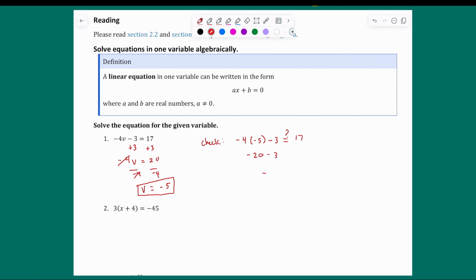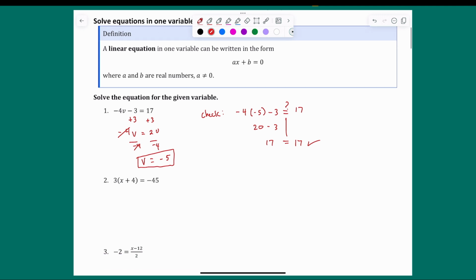But I need to correct a calculation error there. We get positive 20. 20 minus 3 gives us a positive 17. So we get 17 equals 17, which is a true statement. Therefore, negative 5 is the solution. I won't be checking all our equations, but you could always do that to make sure you get the solution correct.